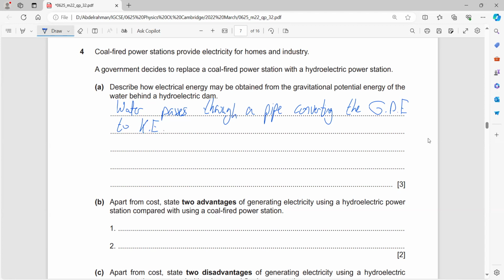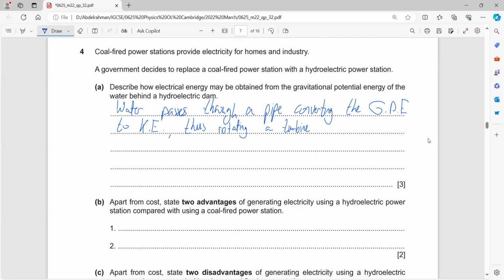Now it's moving quite fast inside this pipe, thus rotating a turbine.